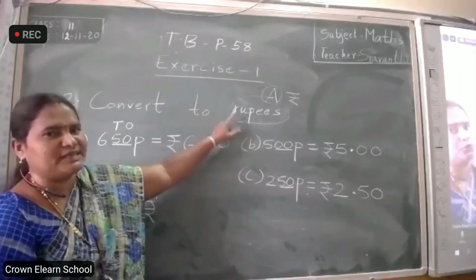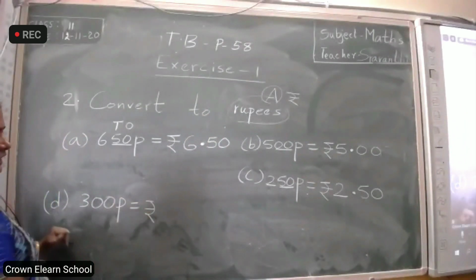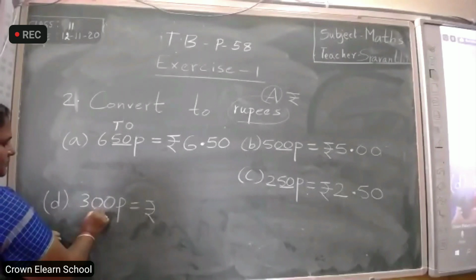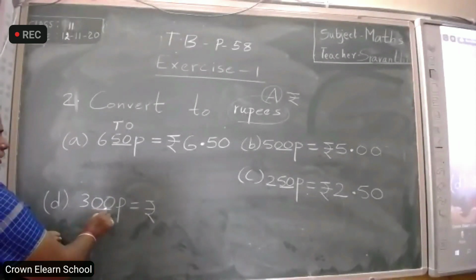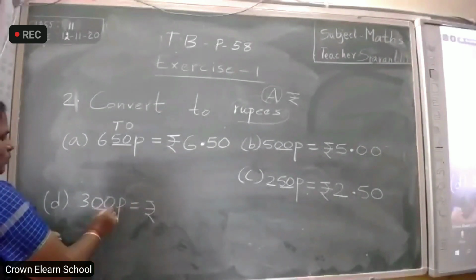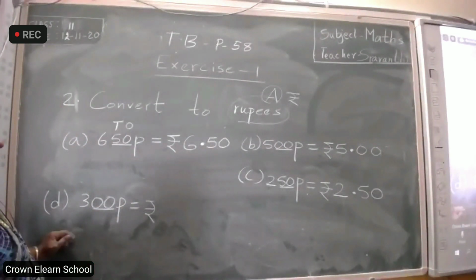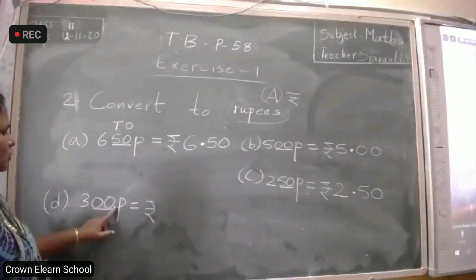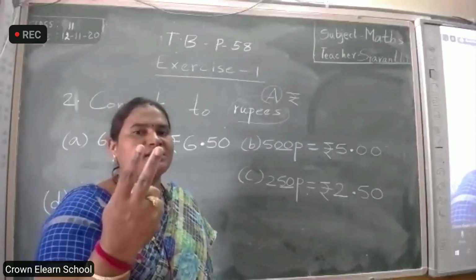We need to write the rupee symbol. Last 2 digits. Ones place, tens place. You also say and do. Ones place, tens place. Underline. Why should we underline this? We need 2 digits for the paise column. That's why.